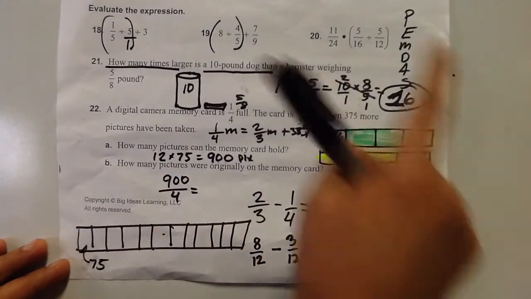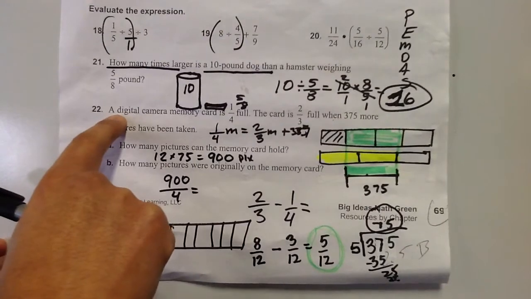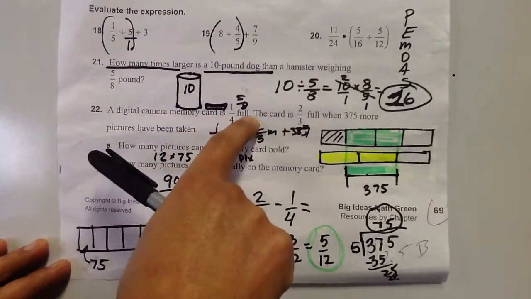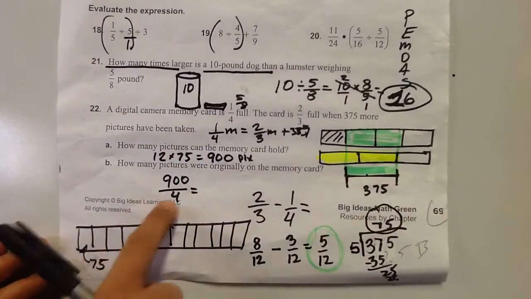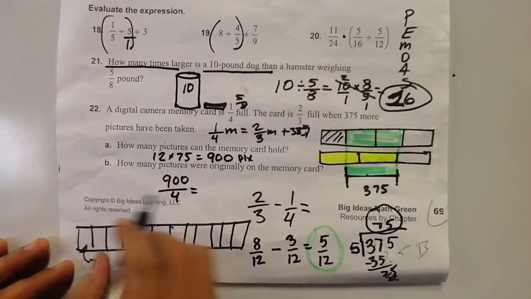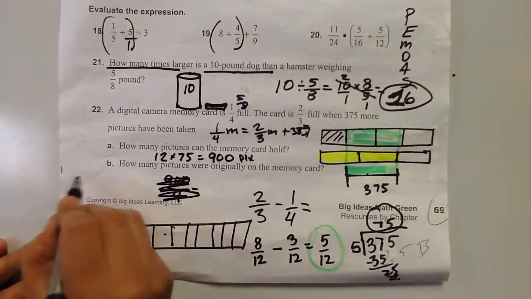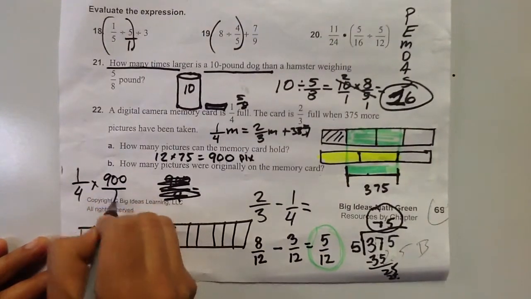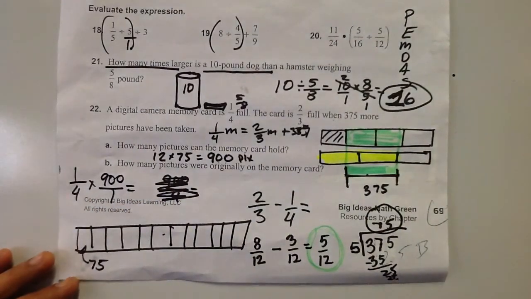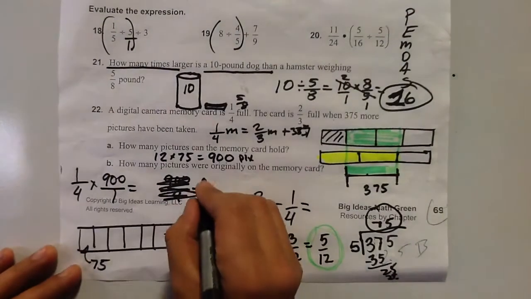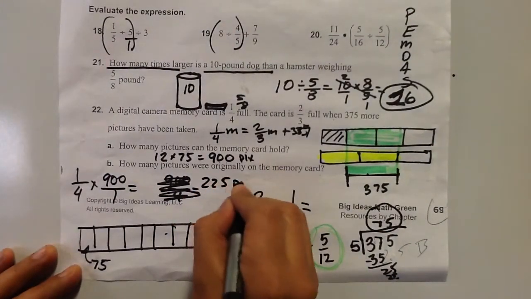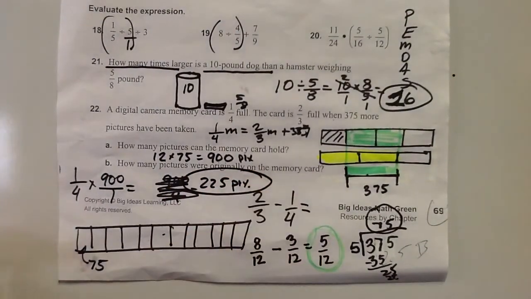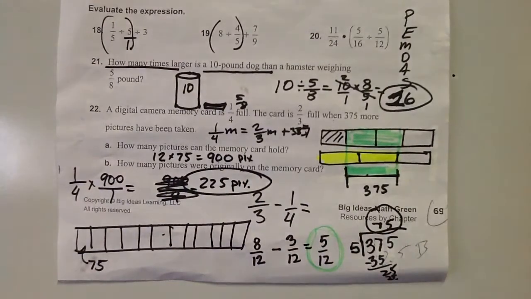Well, let's go back to the word problem. A digital camera memory is 1/4 full. So I want 1/4 of 900, which means I want 1/4 times 900, and that gives me 225 pictures.